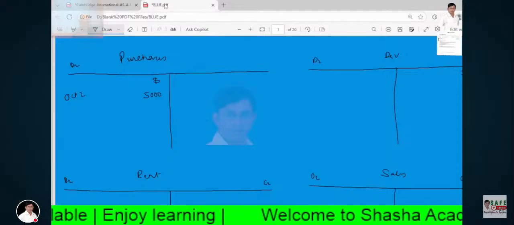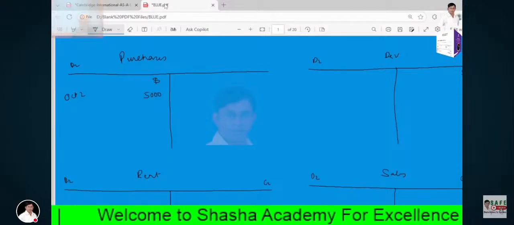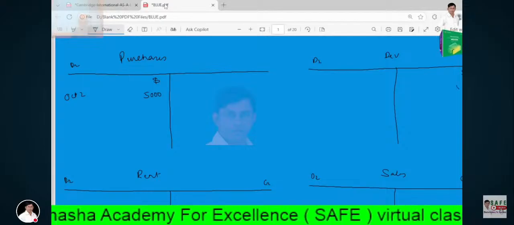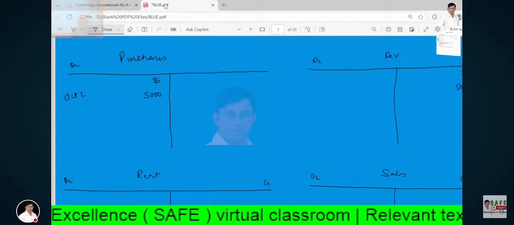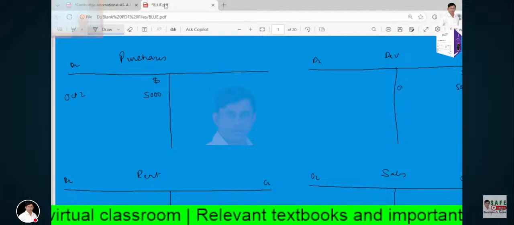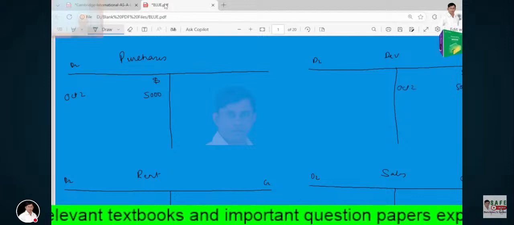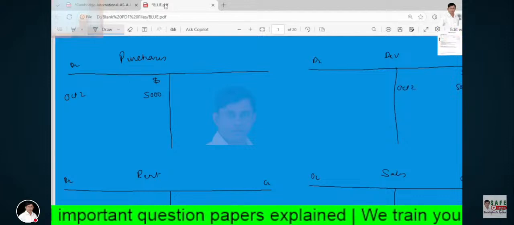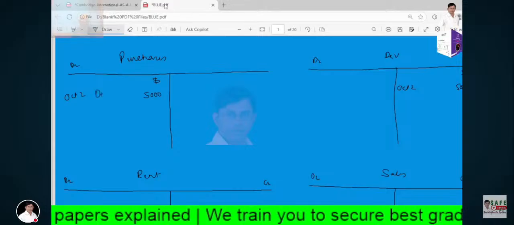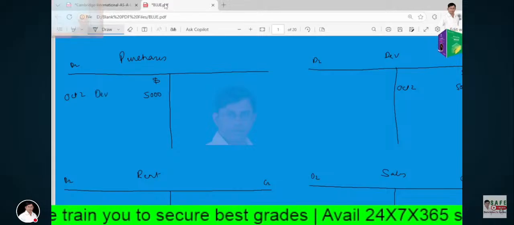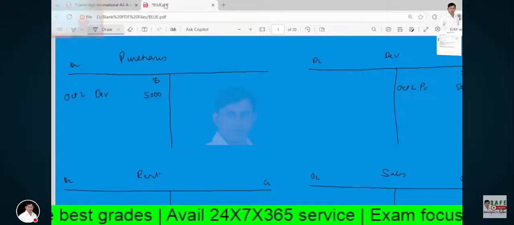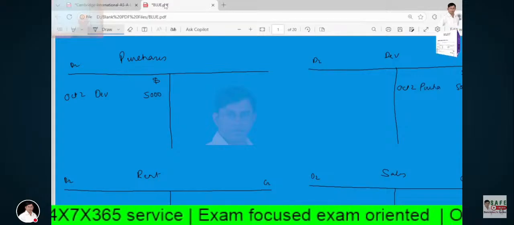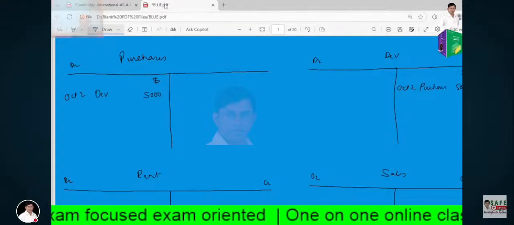So purchases account debit, Dev account credit. Again, you have to write the bill, and again purchases. So the entry is complete.